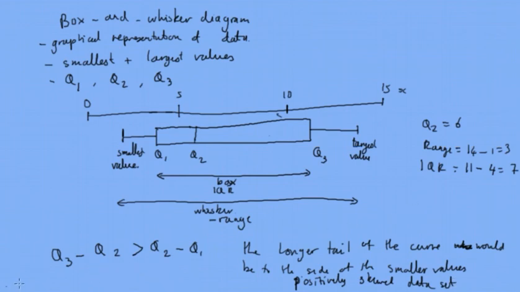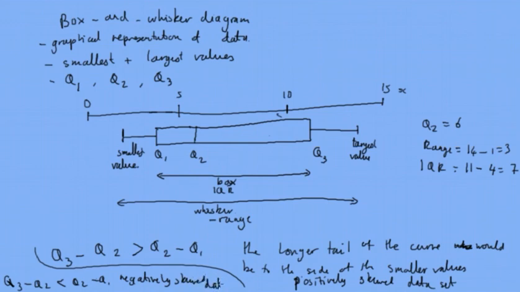When Q3 minus Q2 is less than Q2 minus Q1, we have a negatively skewed data set. If they are round about equal, we say that's symmetrical. So I hope that helps.